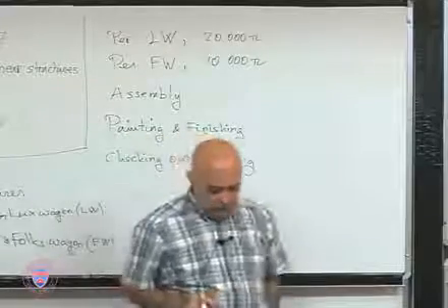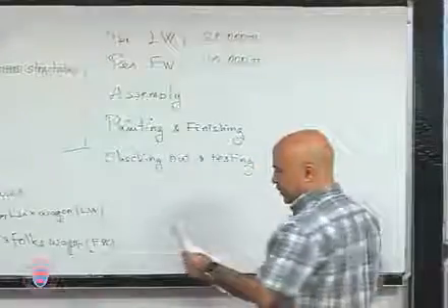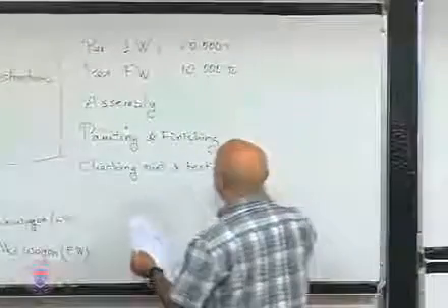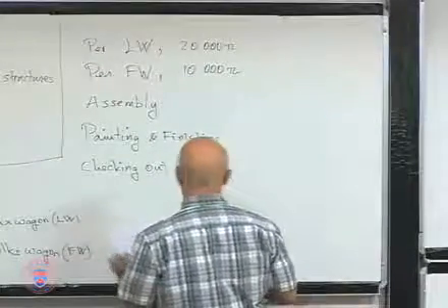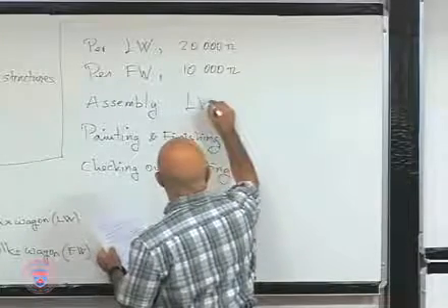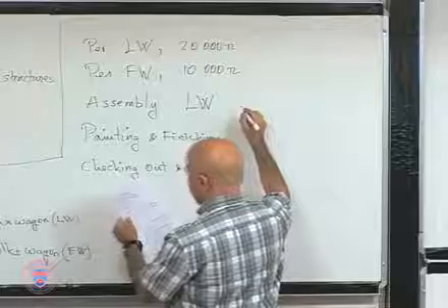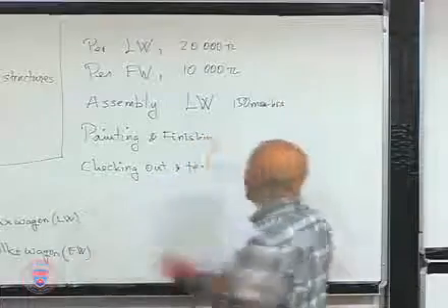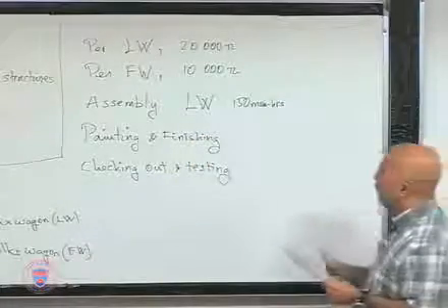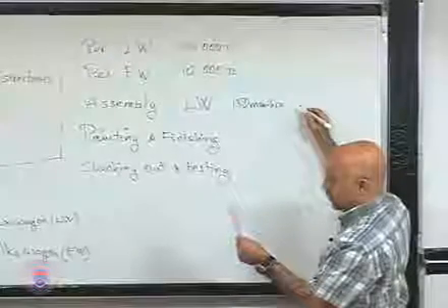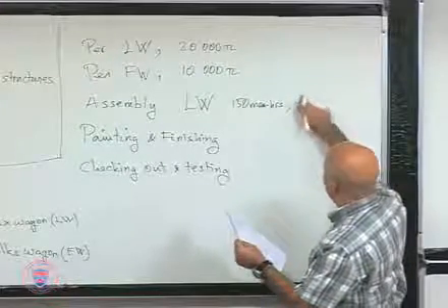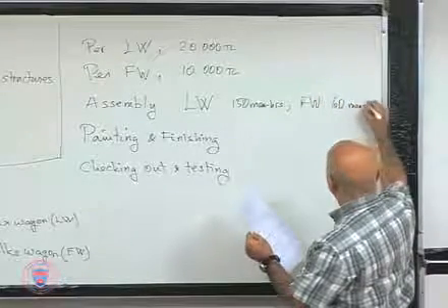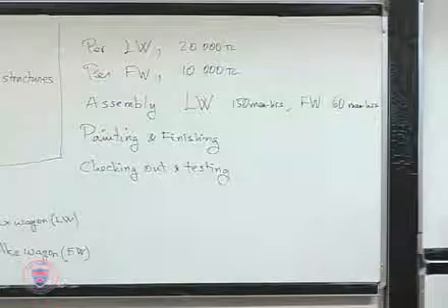Now, in the assembly department, each Lux wagon requires 150 man-hours per car, whereas the other one requires 60 man-hours per car.